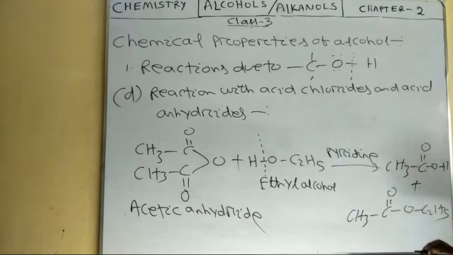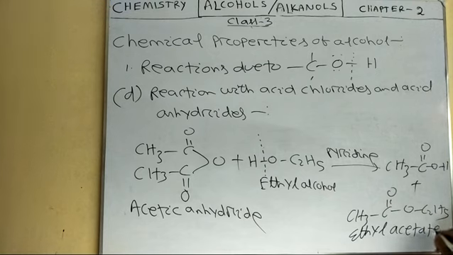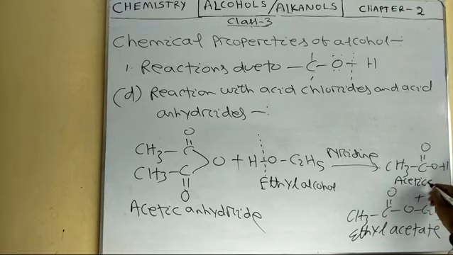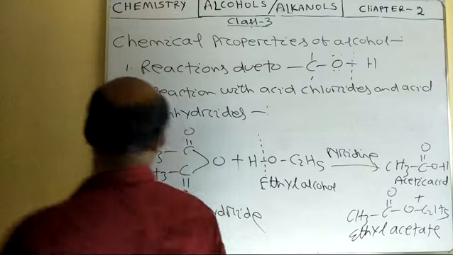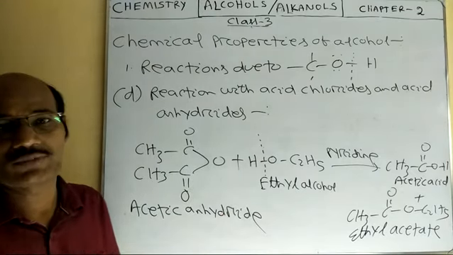One ester and one acid. Ethyl acetate and acetic acid. In this way we are getting esters from acetic anhydride.